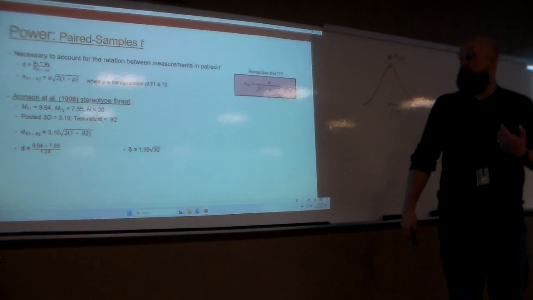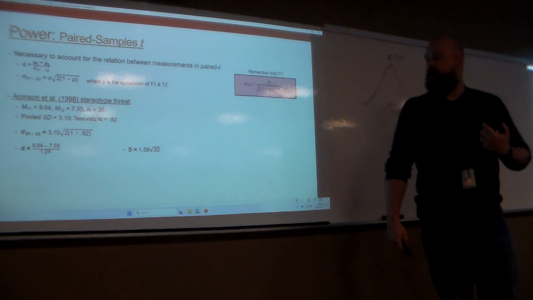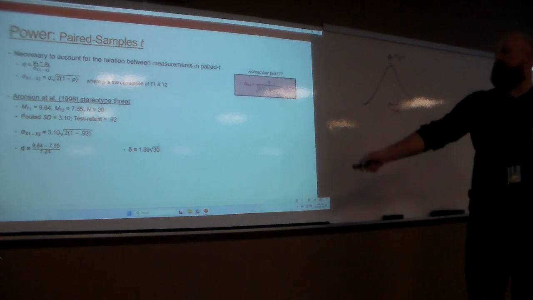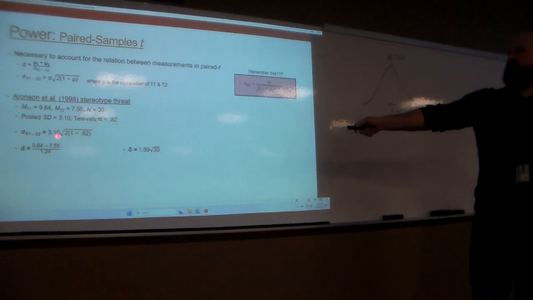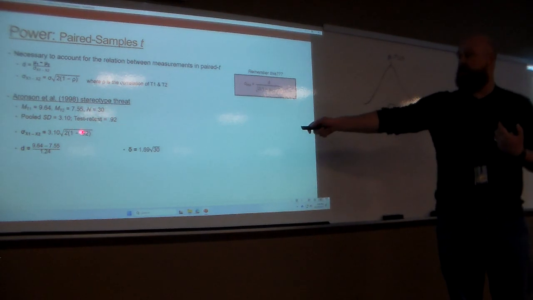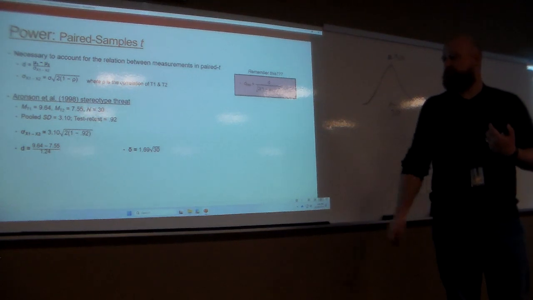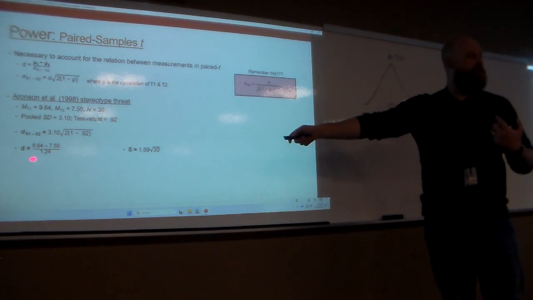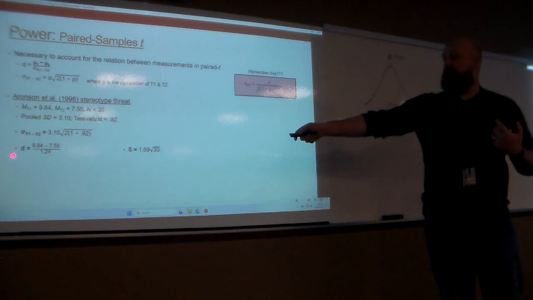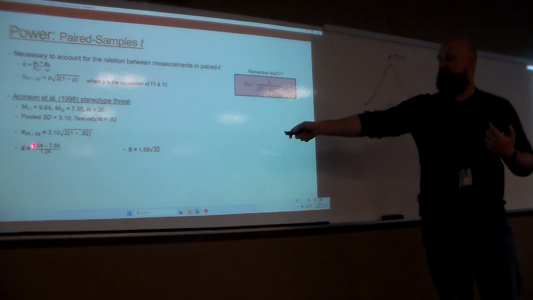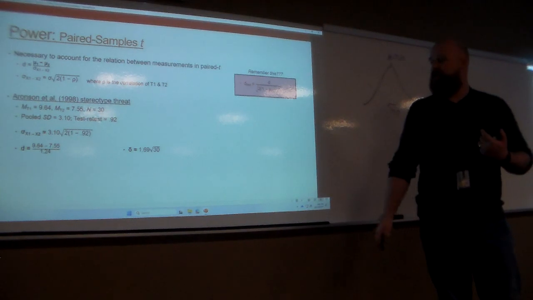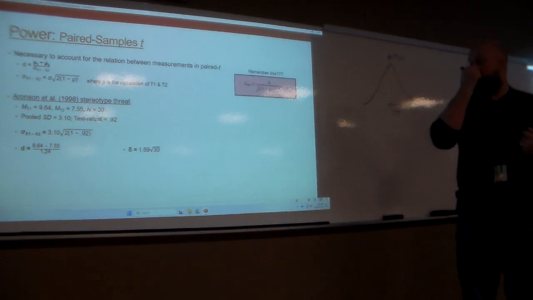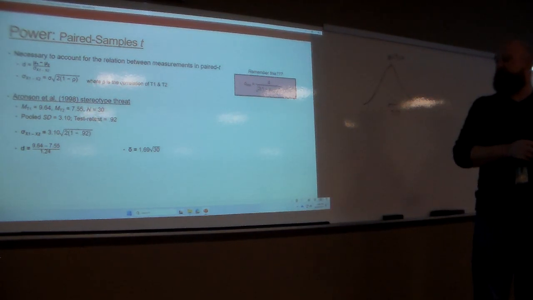So with this information, what I will do is take my standard deviation multiplied by the square root of 2 times 1 minus my correlation here, okay? And this is going to give me a value of 1.24, okay? Calculate my effect size as 9.64 minus 7.55 divided by 1.24. What do I get in terms of effect size here?